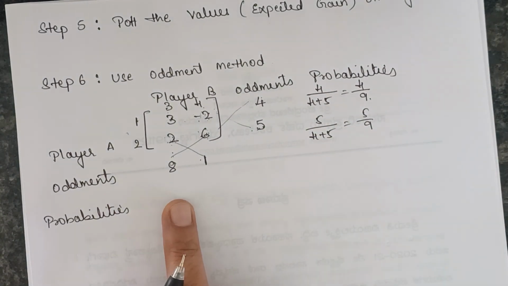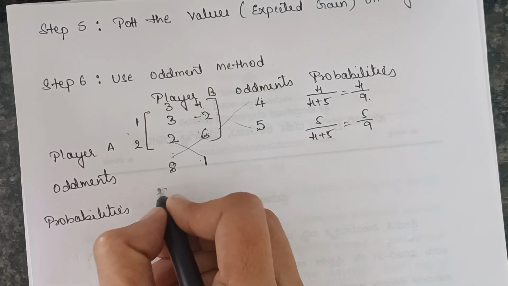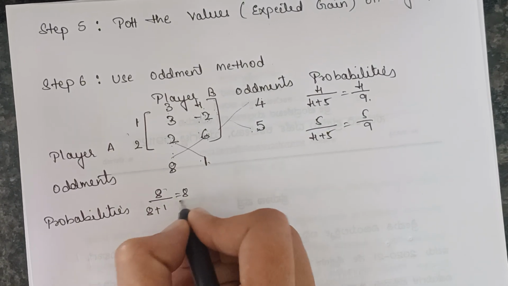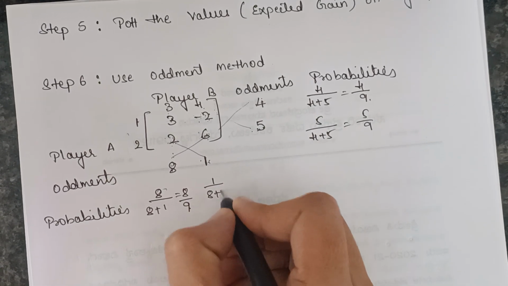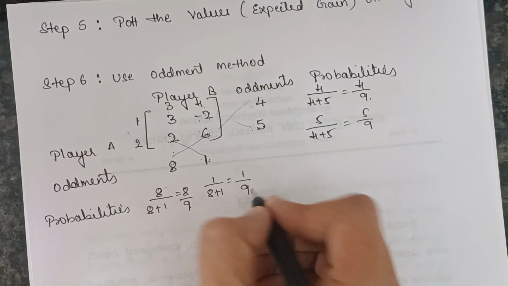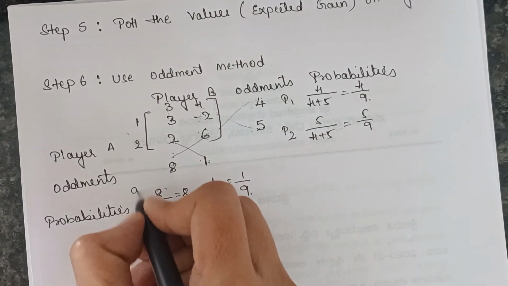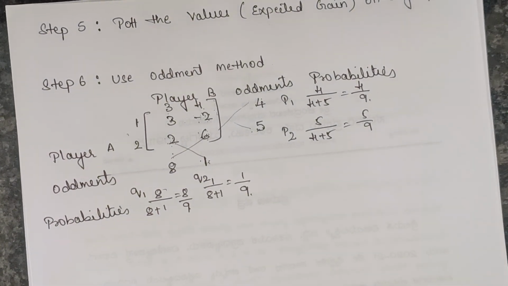Even for columns we will do it here. So here the oddment is 8. So 8 divided by 8 plus 1 will be 8 by 9. And 1 divided by 8 plus 1 will be 1 by 9. So this is our P1, P2, and this is Q1, Q2. We have got the optimal strategies.